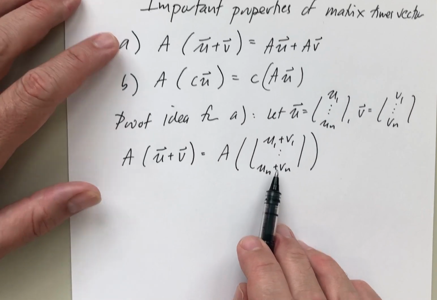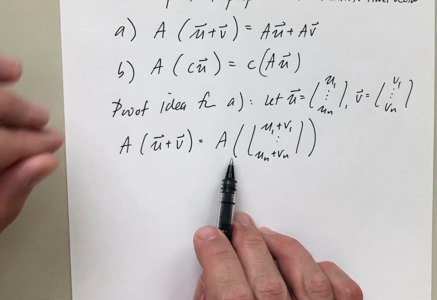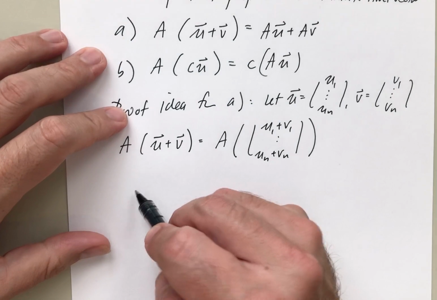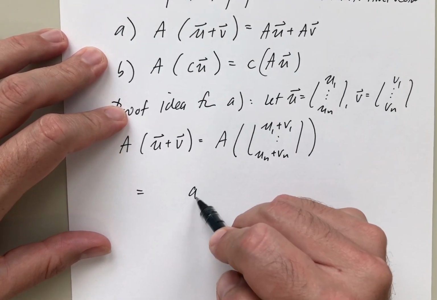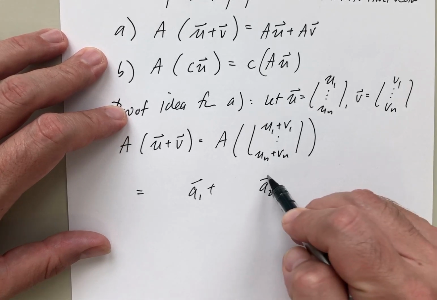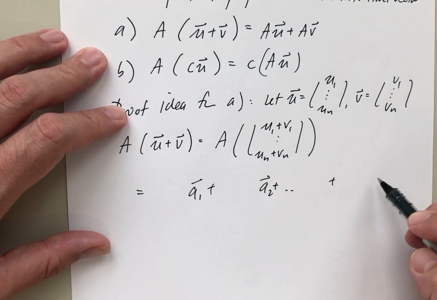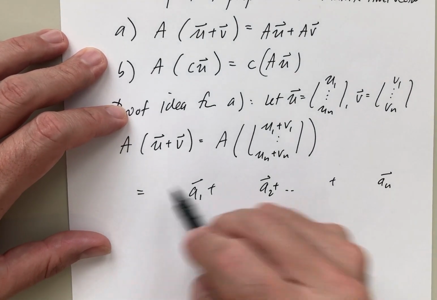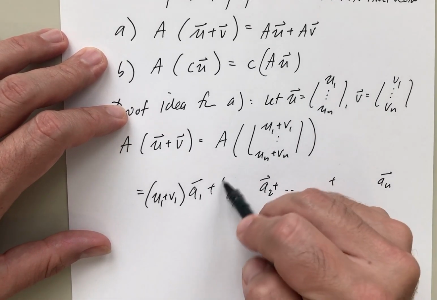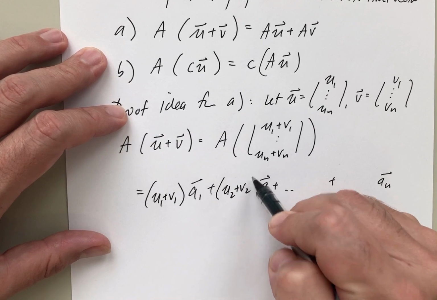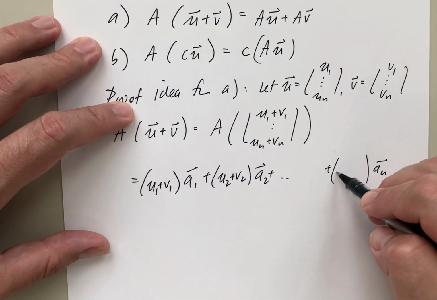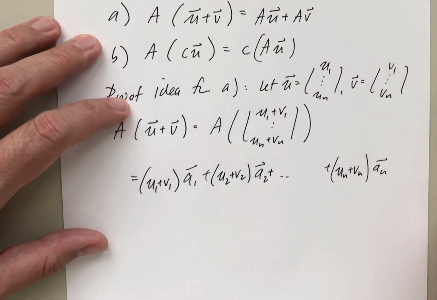That's now the vector that I'm going to multiply A by. And as you know now, when I take a matrix times a vector, by definition, this gives me a linear combination. And what are the weights going to be? They're going to be the entries of that vector. So U1 plus V1 is my first weight. My second weight is the second entry of that vector, U2 plus V2. Dot, dot, dot. This last weight would be Un plus Vn.